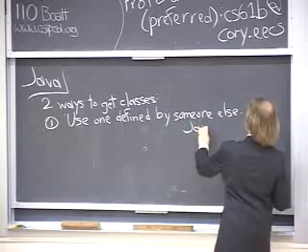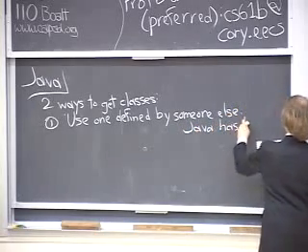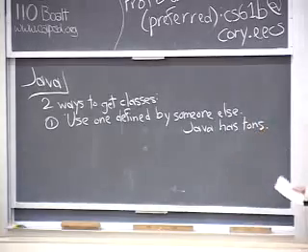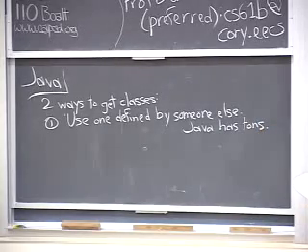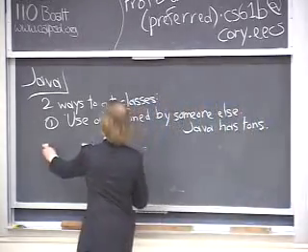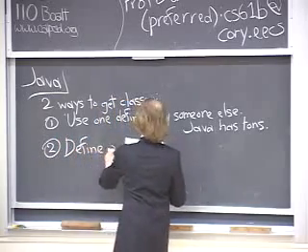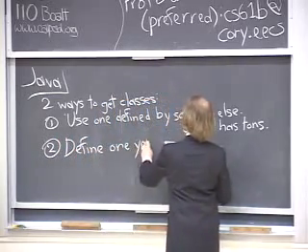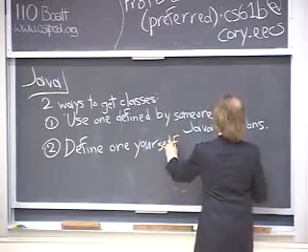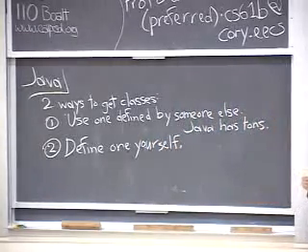And Java has tons of these in what's called the Java Standard Library. And the second way is to define one yourself, which we'll learn how to do in a lecture or two. But right now, let's just go with option number one.